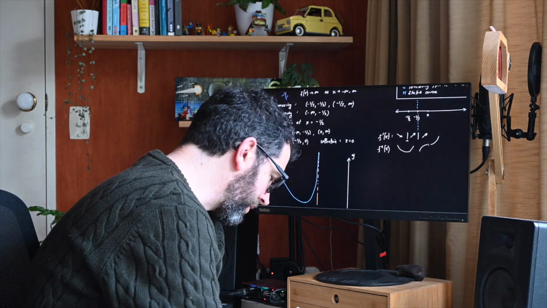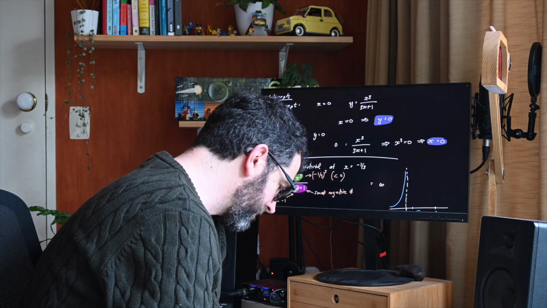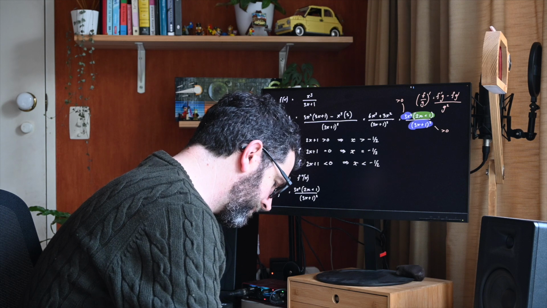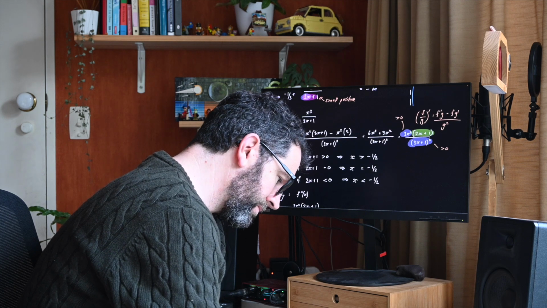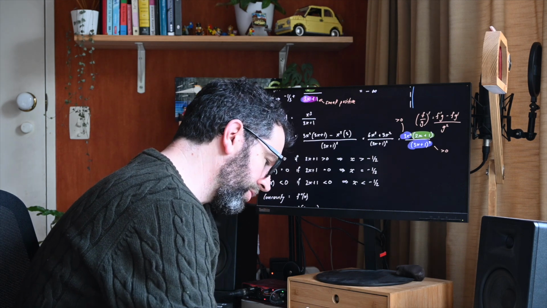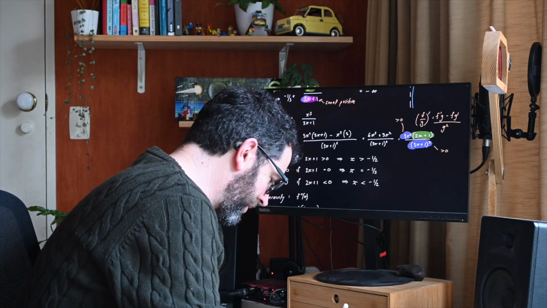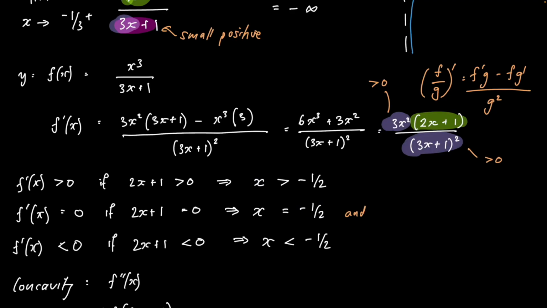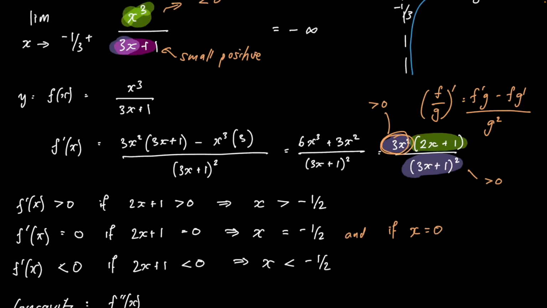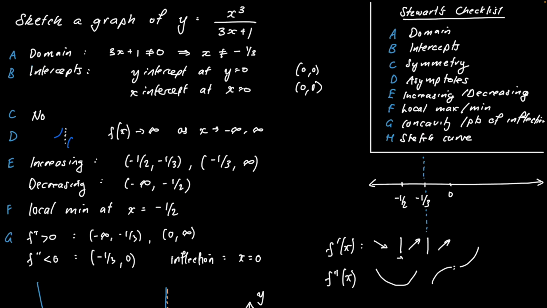When we were doing the local minimum and maximum, f prime of x is also equal to 0 if x equals 0. I just made a mistake there. This can also be equal to 0 at this point here. Okay, so there's a next piece of information that I forgot to do before. We'll just add that in.